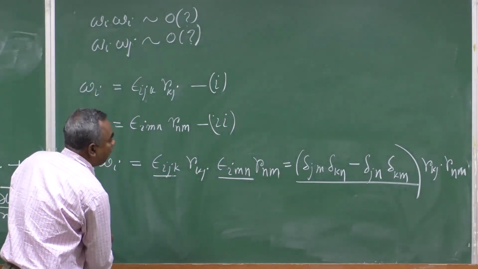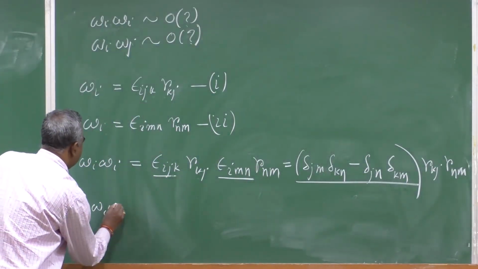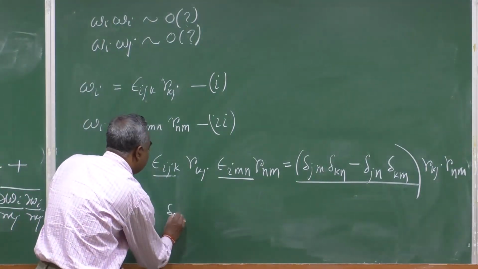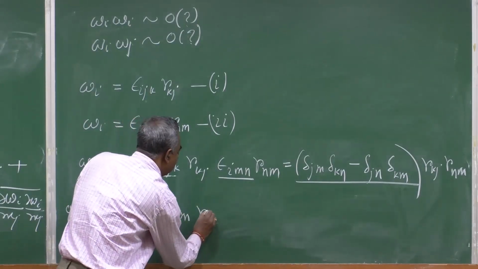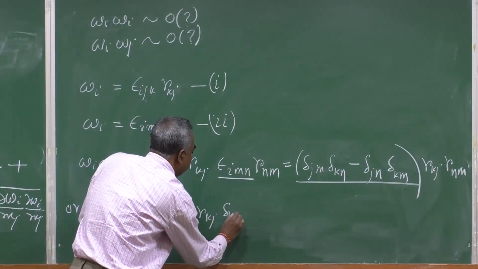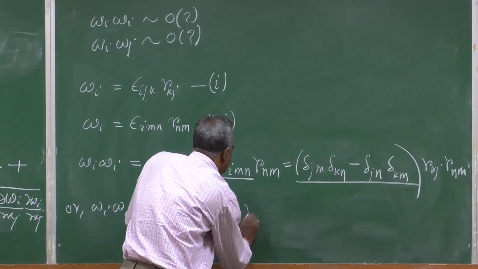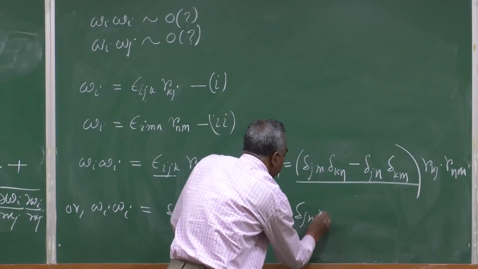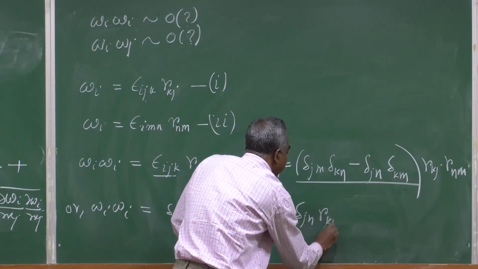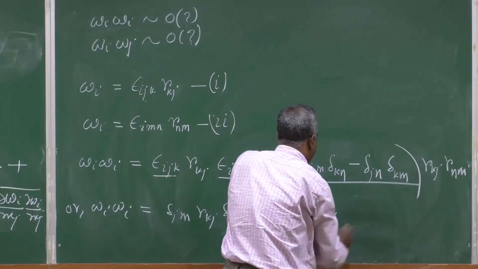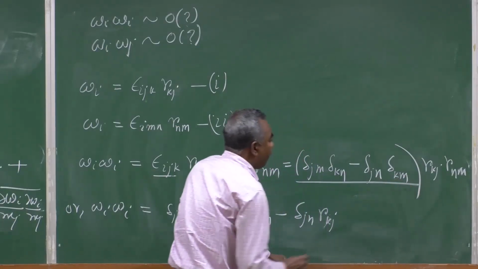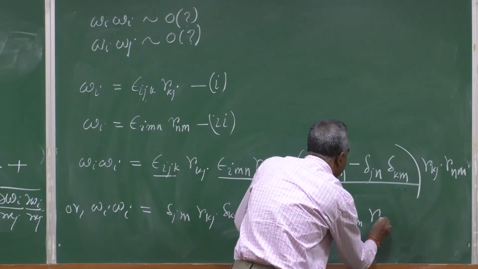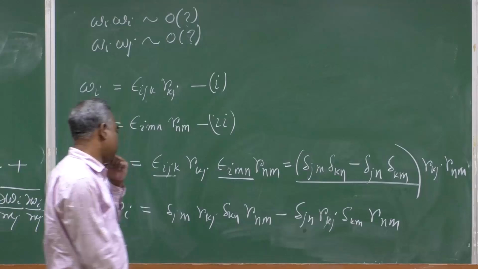It can be written as delta j m r k j delta k n r n m minus delta j n r k j r k j delta k m r n m. Okay.